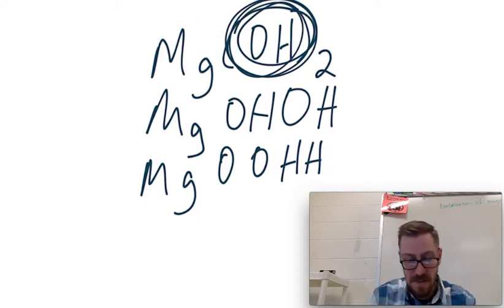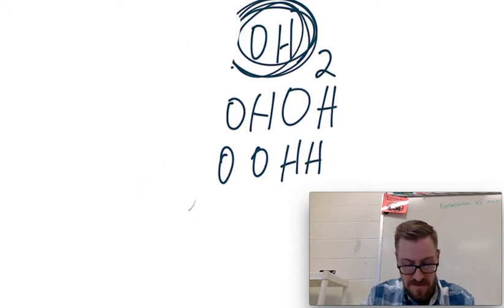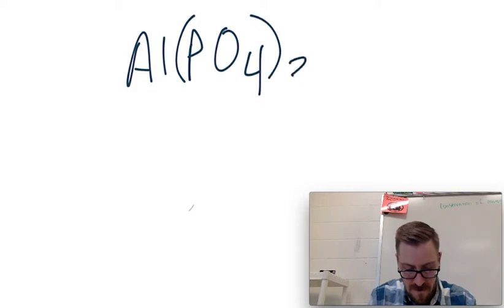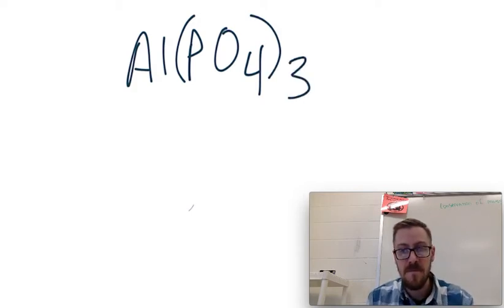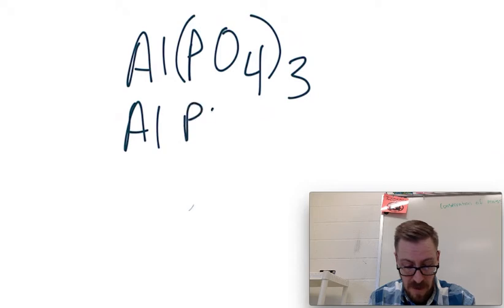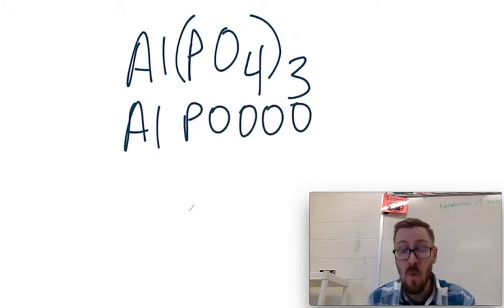If you have something bigger, so I'll do another one of these. Al(PO4)3. I have that. That would be Al and then PO4 3 times, which I would write POOOO, POOOO, POOOO. 1 P, 4 O's, and that whole thing I copy and paste 3 times.